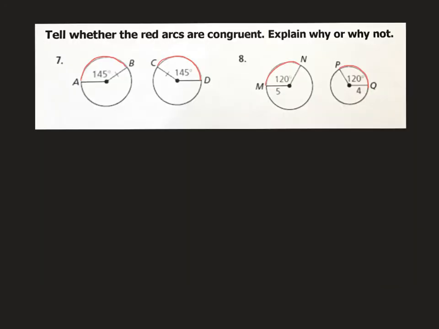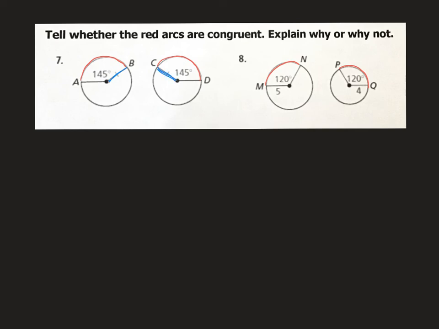Okay, so in 7 and 8, we have to determine if the red arcs are congruent, and we have to give our explanation as to why they are or why they aren't. So in number 7, we know that both of those central angles are 145 degrees, which, if arcs are congruent, the angles have to be congruent. And we also know that the radius in both of those circles in 7 are congruent.